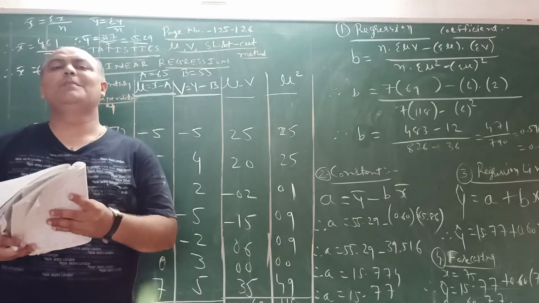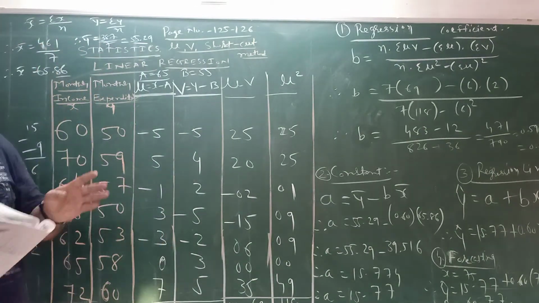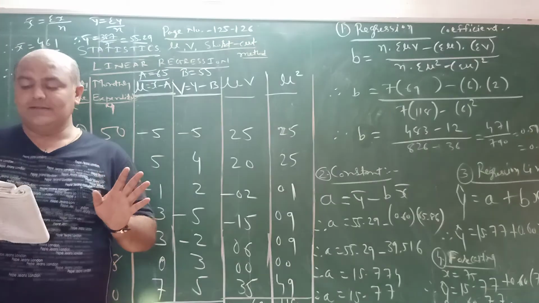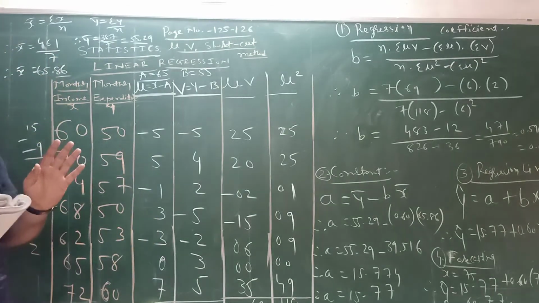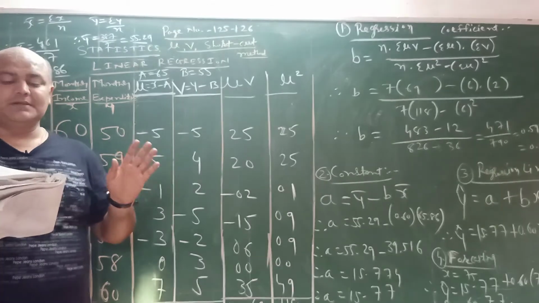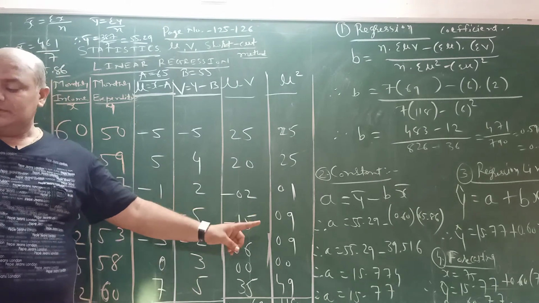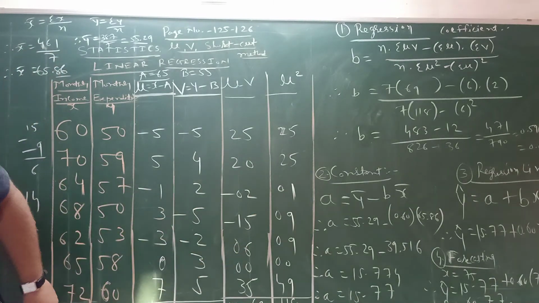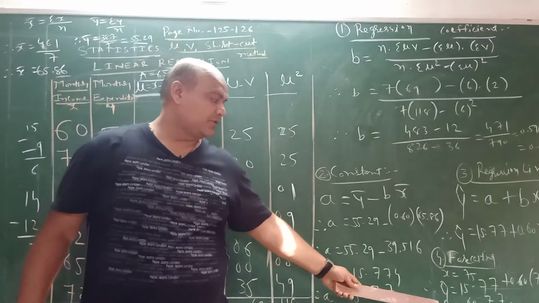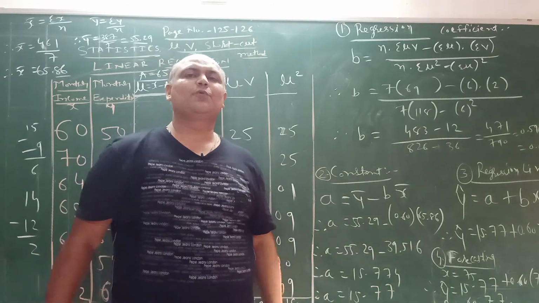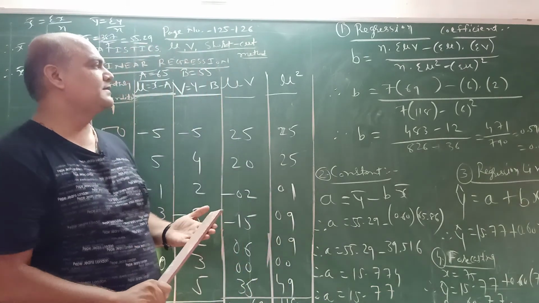To get full marks, we have to write the sentence that when the person has a monthly income of 75,000, then the monthly expenditure is 60.77 thousand, because expenditure is also given in 1000 rupees.